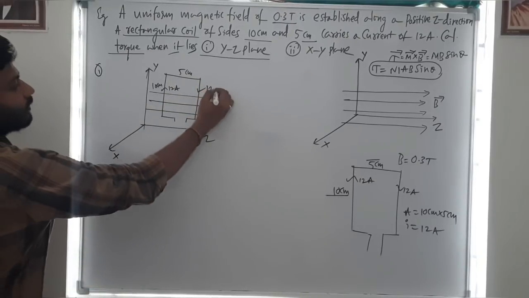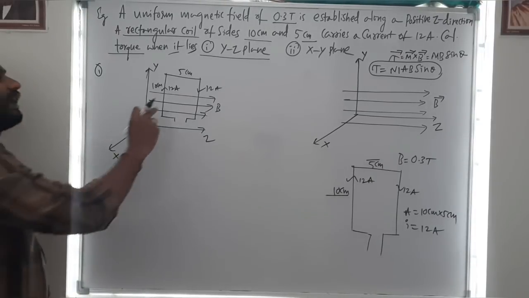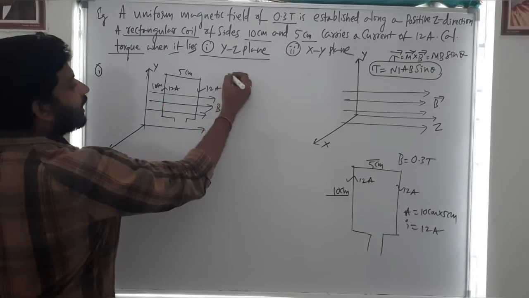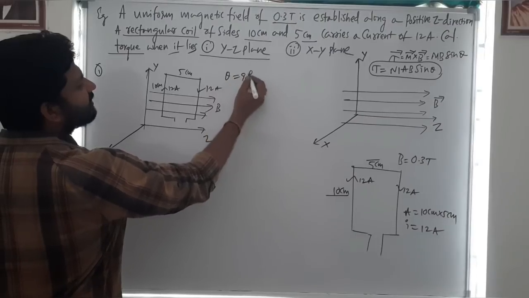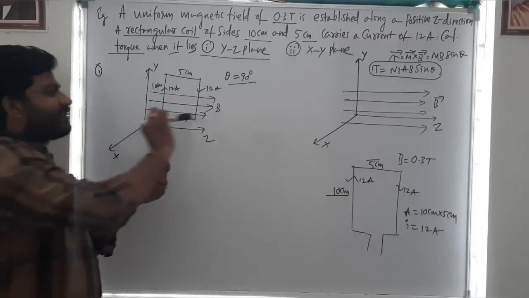Is it easy to find the torque here? It's so easy, because the angle between the area vector and the magnetic field is 90 degrees.